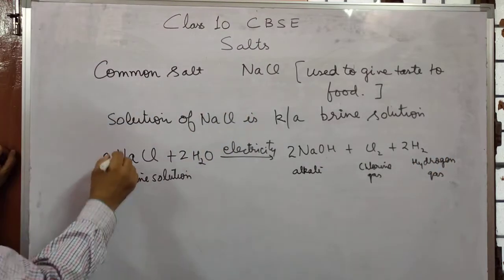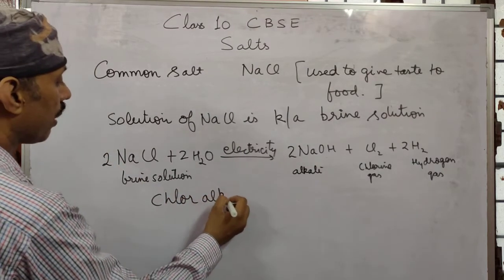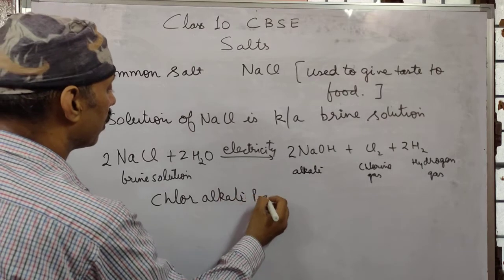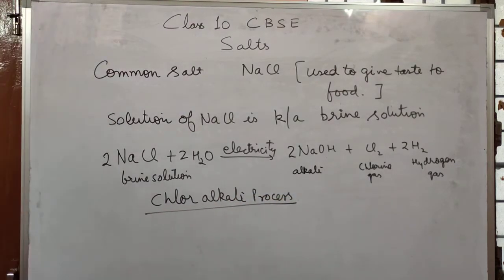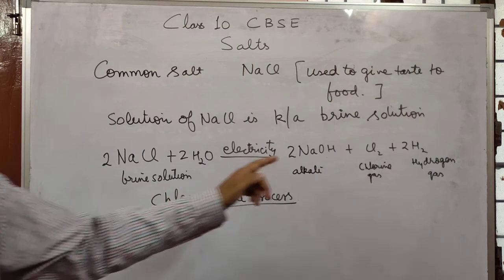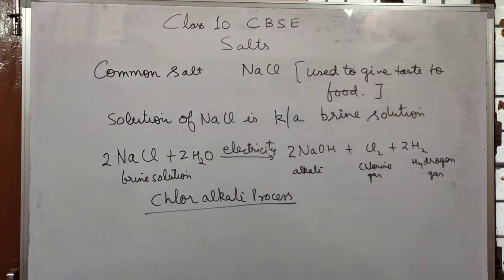So this process is also known as chloralkali process. Chloralkali process is electrical decomposition of brine solution to get NaOH, to get chlorine gas, and to get the hydrogen gas.